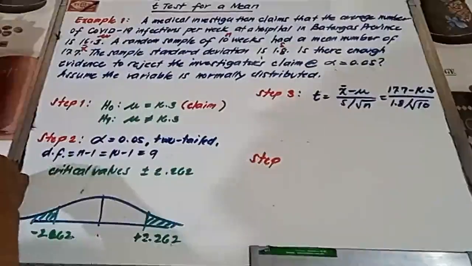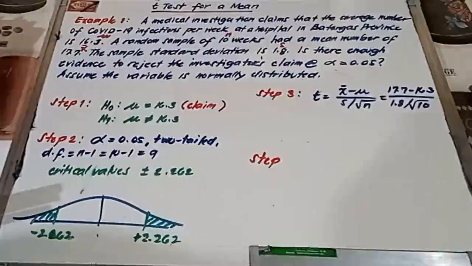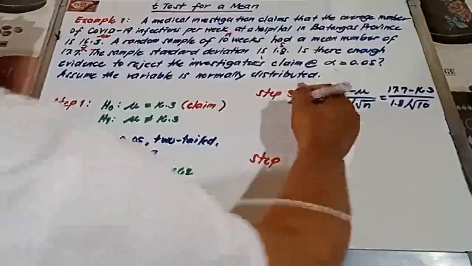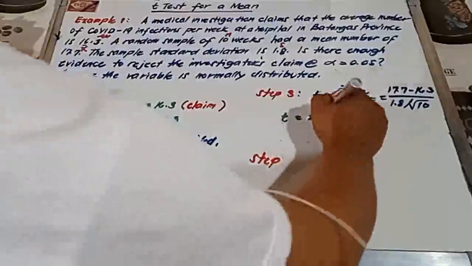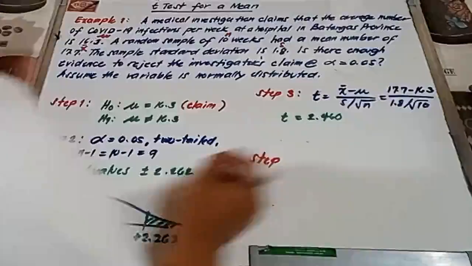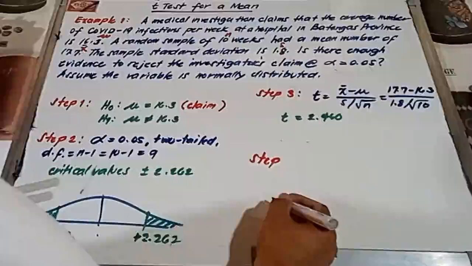So, gamit yung ating scientific calculator, our computed t-value is equal to 2.460. Okay? T equal to 2.460 or 2.46.